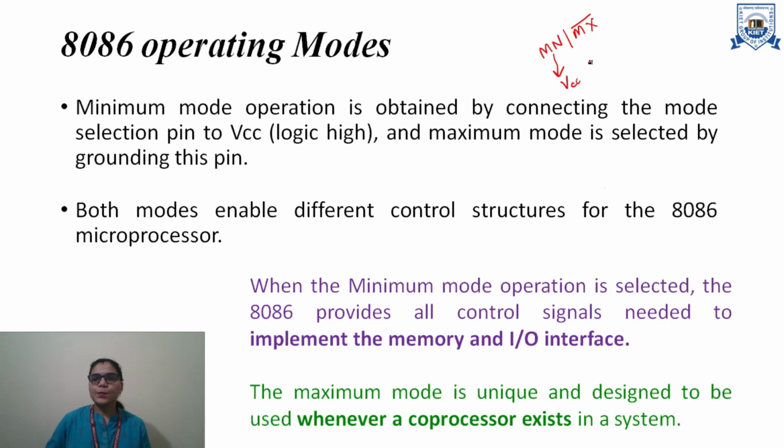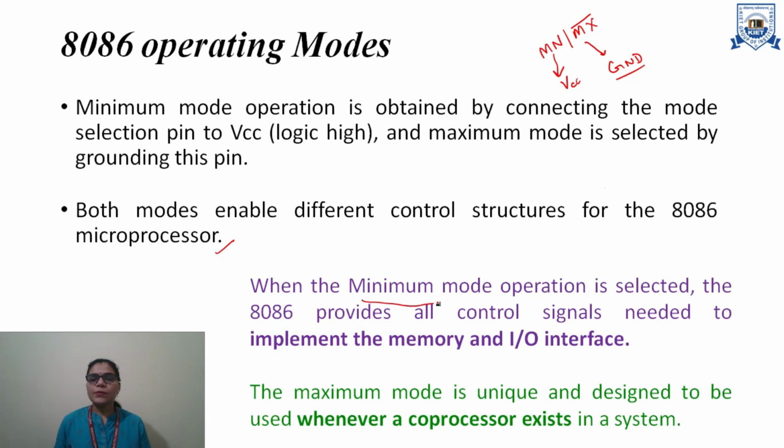If this pin is connected to ground, or we can say at logic low, then the 8086 microprocessor will work in maximum mode. Both modes enable different control structures for the 8086 microprocessor.